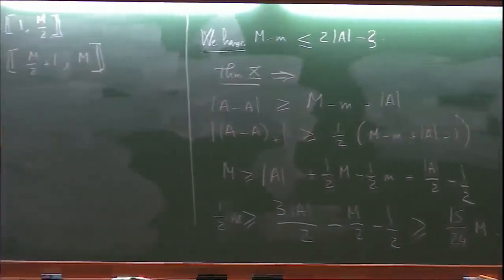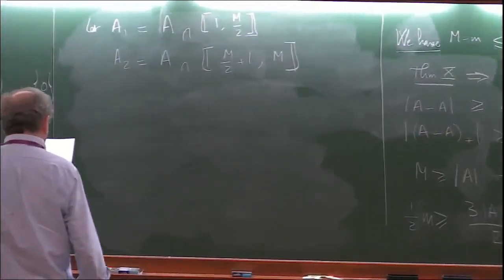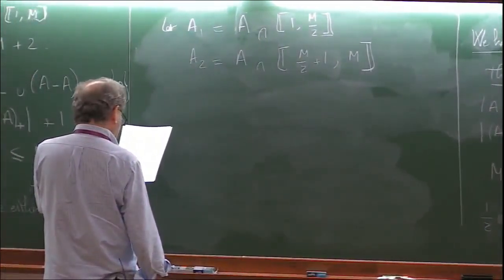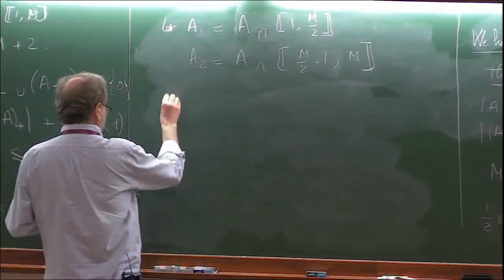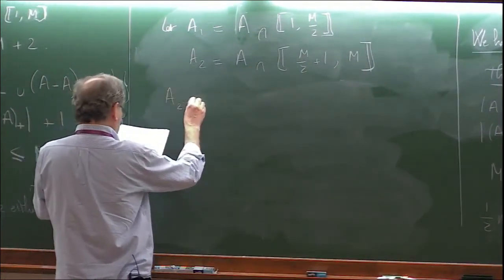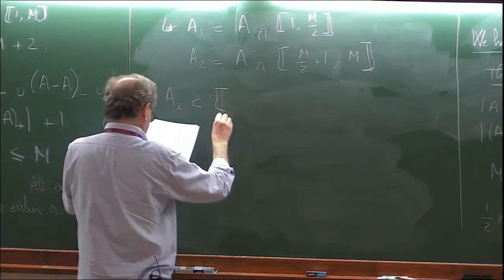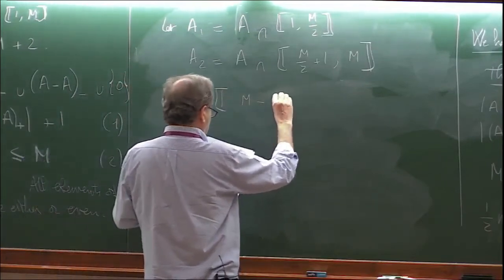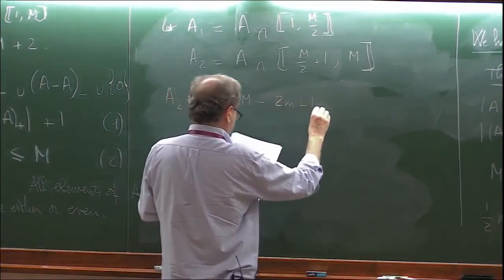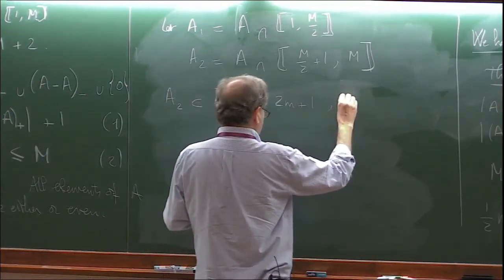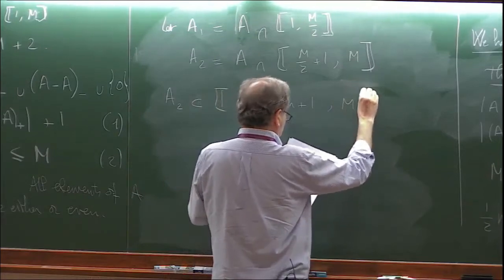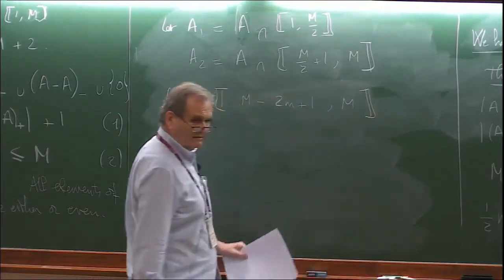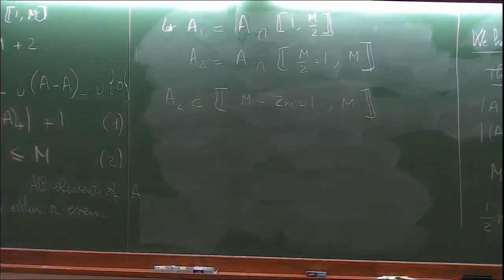Good. So, okay, now what is interesting is that A2 is included in m minus 2 little m plus 1 and capital M. This definitely is somewhere where some little tuning has to be done.